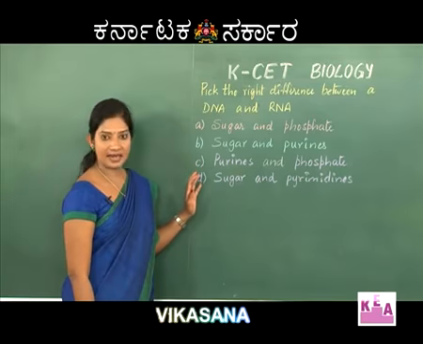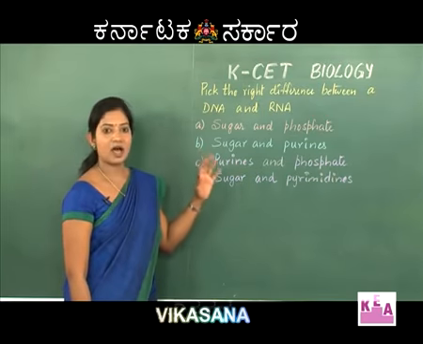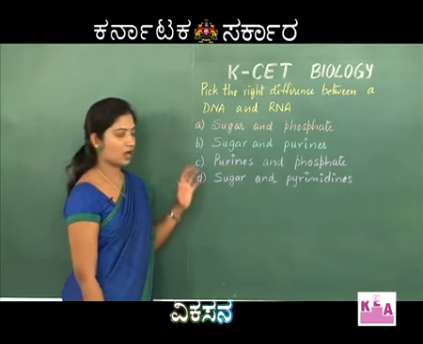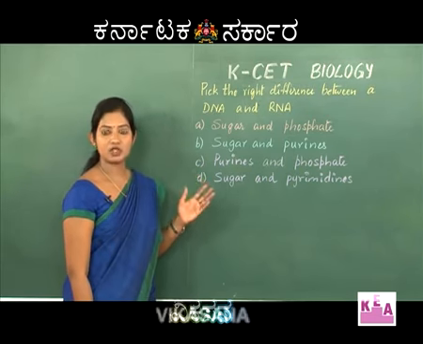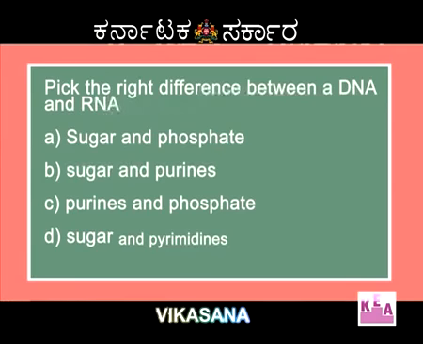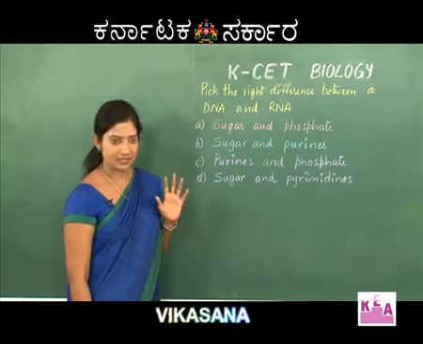We are all aware that DNA and RNA are basically made up of three components, which are sugar, nitrogen base and phosphate. Now, when we expand DNA and RNA, we know DNA is deoxyribonucleic acid, RNA is ribonucleic acid.